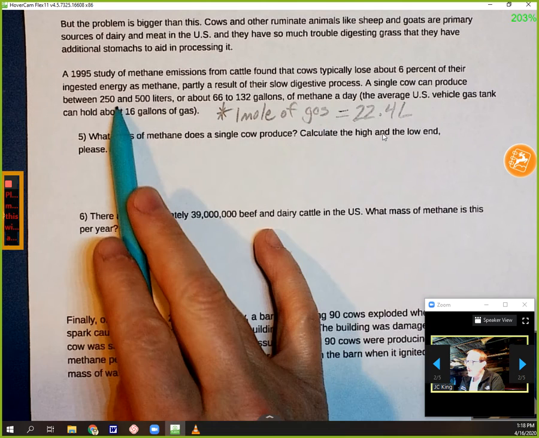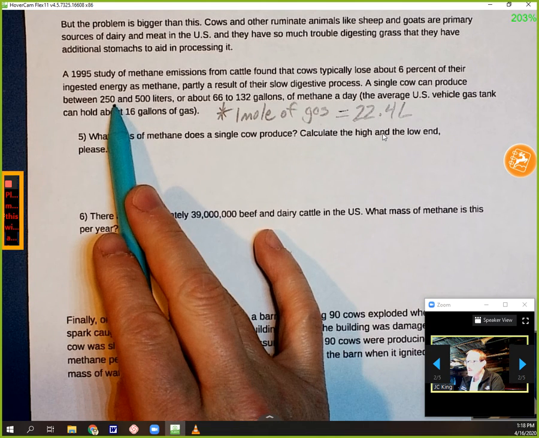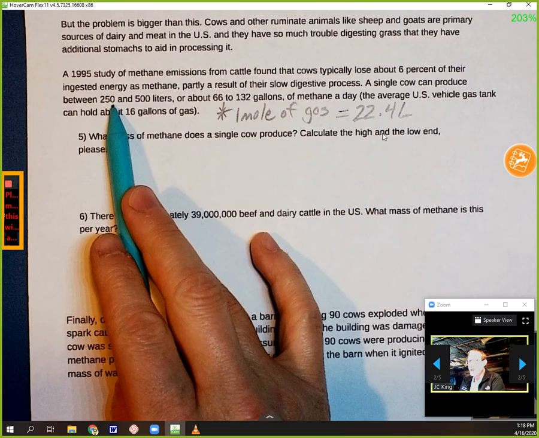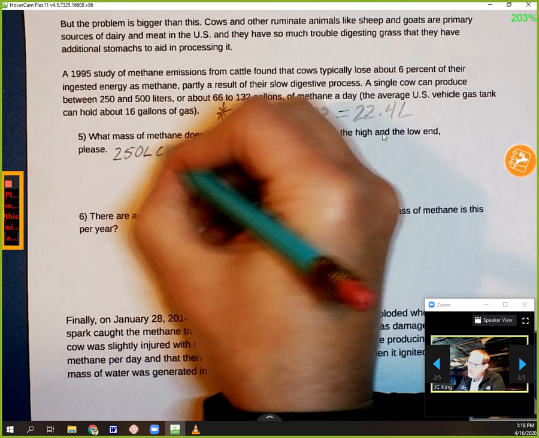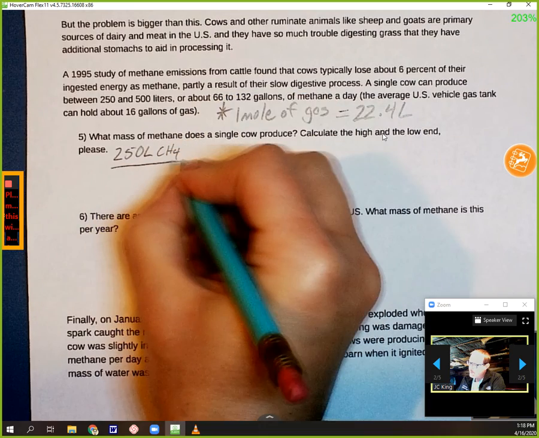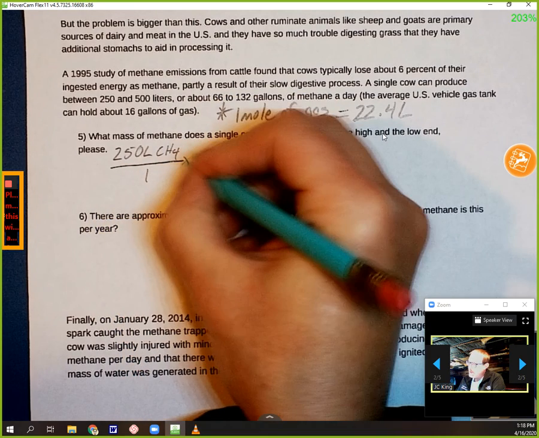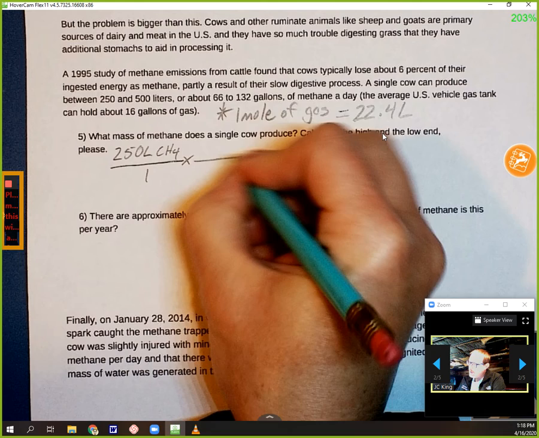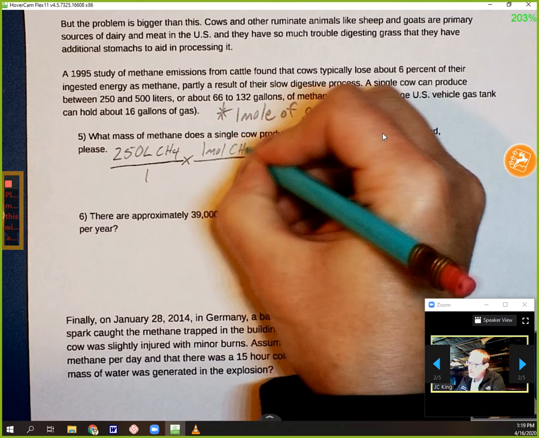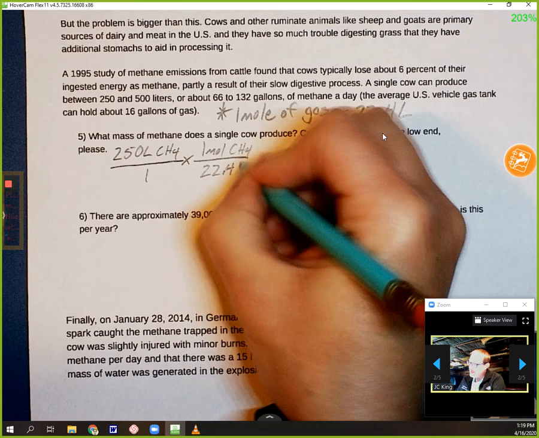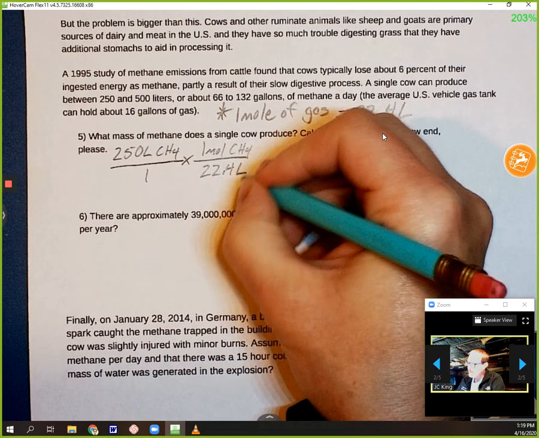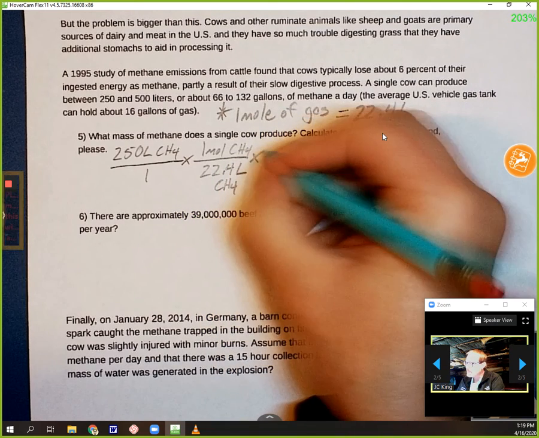So what we can do is start off with a quantity of gas. Let's start with the low end. We're going to start with 250 liters of CH4. Now we know that 1 mole of CH4 is equal to 22.4 liters of CH4. And so at that point, we would have moles.